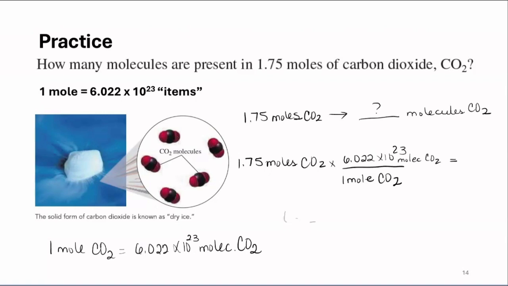So the result is 1.05 times 10 to the 24 molecules of CO2 are present. When I show my cancellation of units, mole of CO2 cancels with mole of CO2. So this is my final answer.